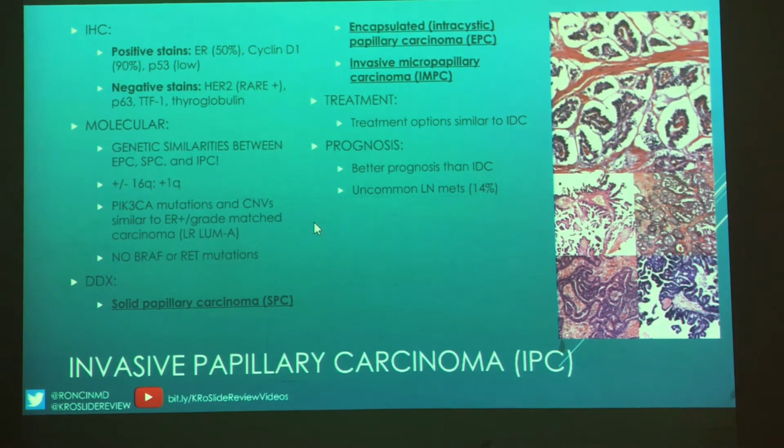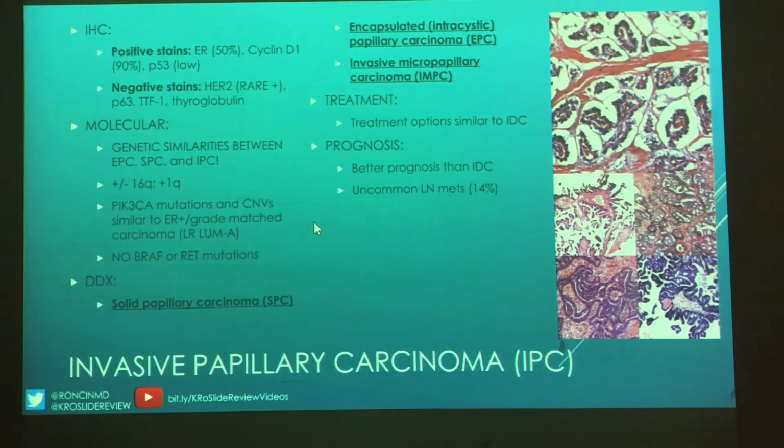What's really interesting about these is that they are cyclin D1 positive, almost all of them, whereas your ER may or may not be positive. HER2 is almost always negative, but rarely can be positive.